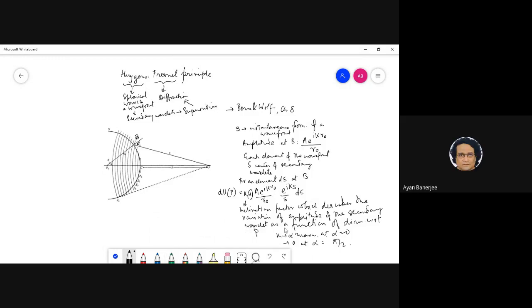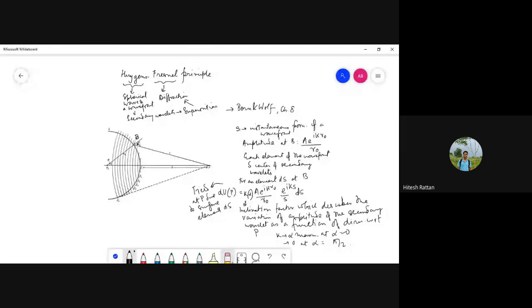Sir, what is that quantity U? So this is essentially the field at P due to the surface element ds.